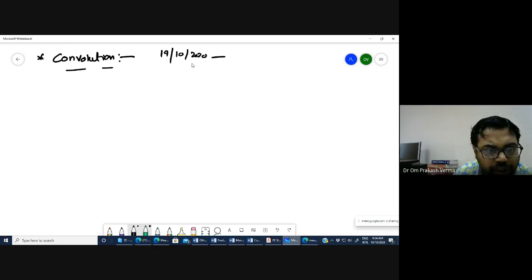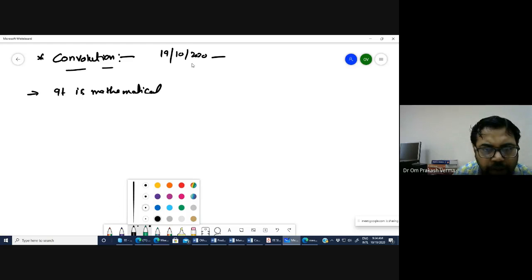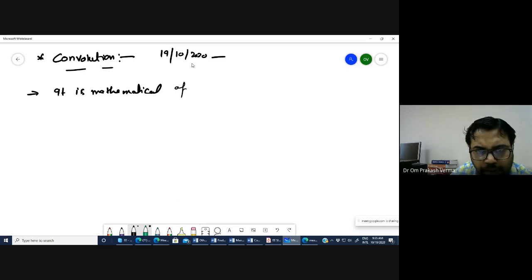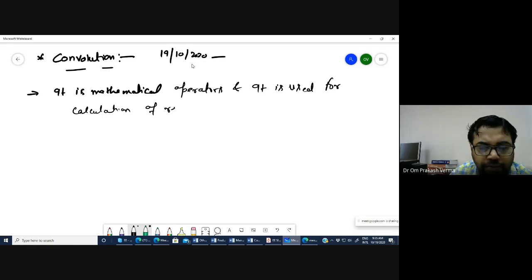So convolution, before going to the details of the convolution, we start with the basics. It is a mathematical operator, and it is used for calculation of response.